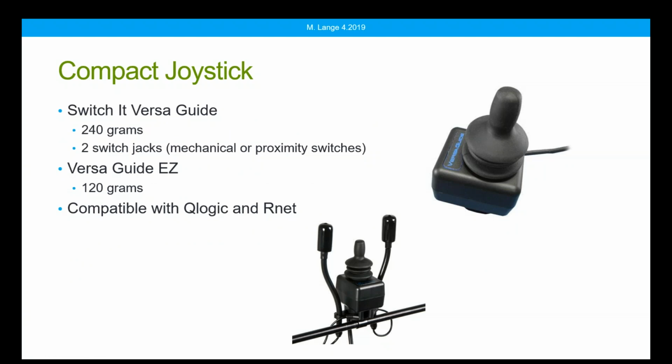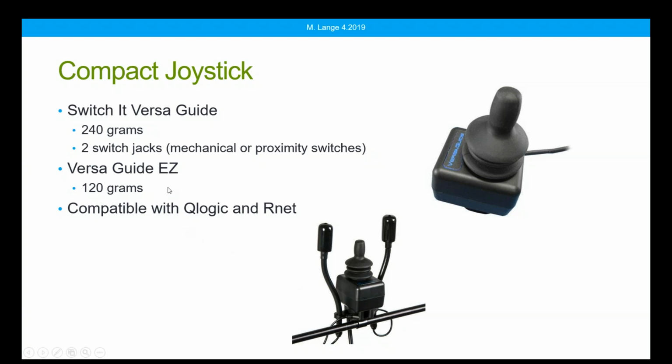Switch It, which is under the Sunrise Medical umbrella, has the Versa Guide and Versa Guide Easy. The Versa Guide requires about 240 grams, so again, similar to a standard joystick, and includes 2 switch jacks, which can be controlled by a mechanical or a proximity switch. And down here you can see these unusually shaped switches are actually proximity switches, and they're plugged directly in the bottom.